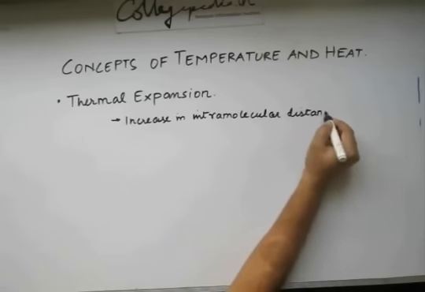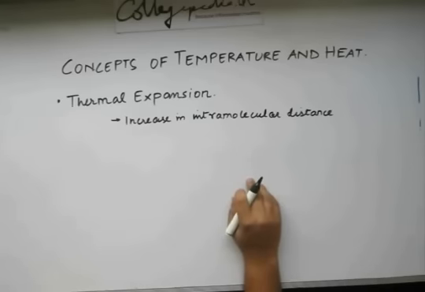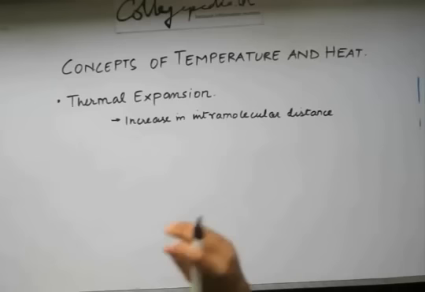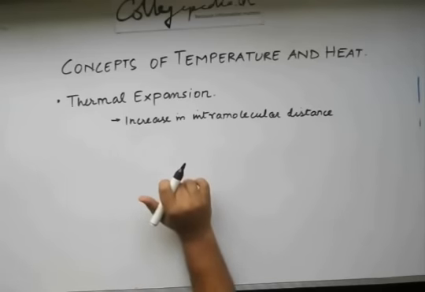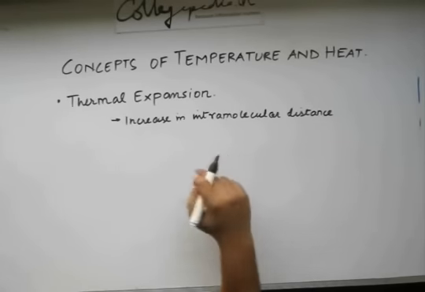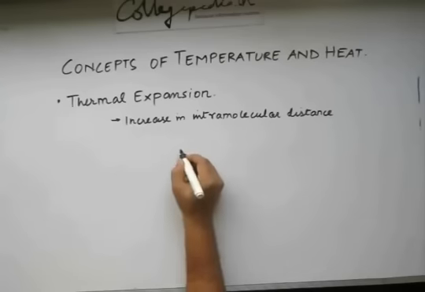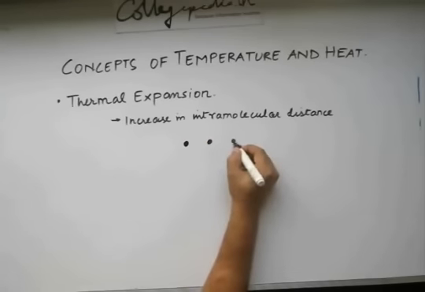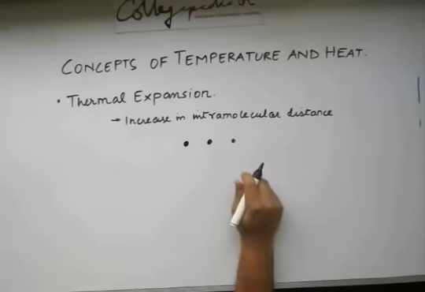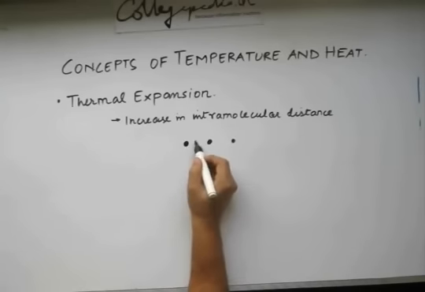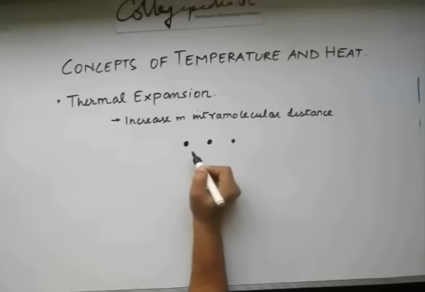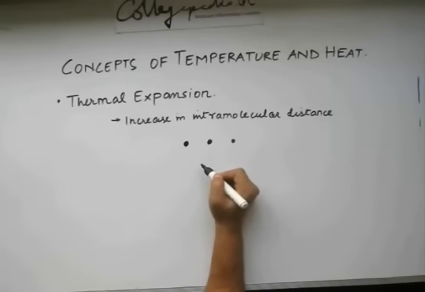We will later discuss that when we increase the temperature or increase the internal energy of the body, the intermolecular distance, say we have molecules like this, the separation between them increases. That is because each molecule here vibrates with certain amplitude along its transverse or longitudinal direction.